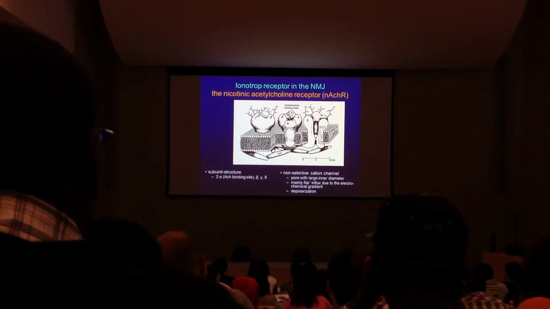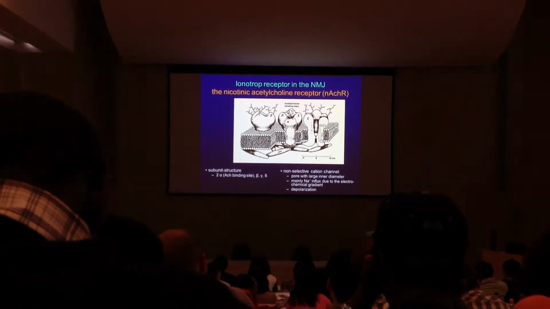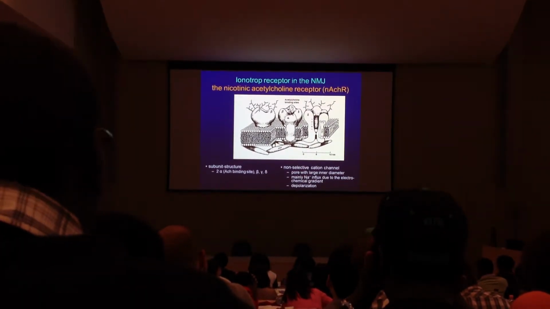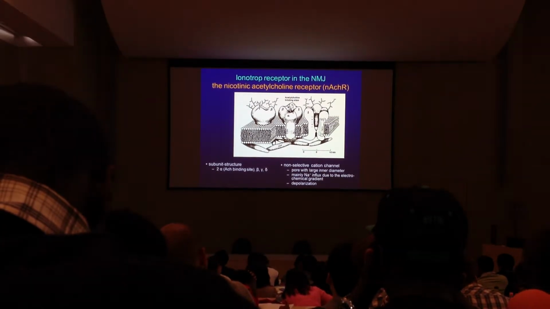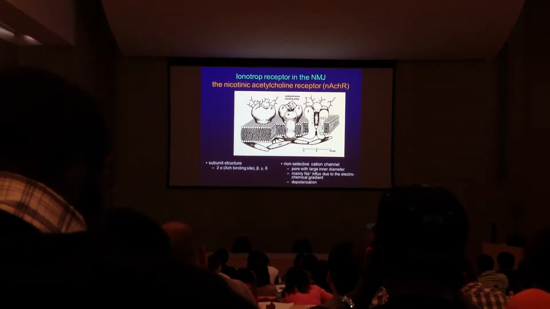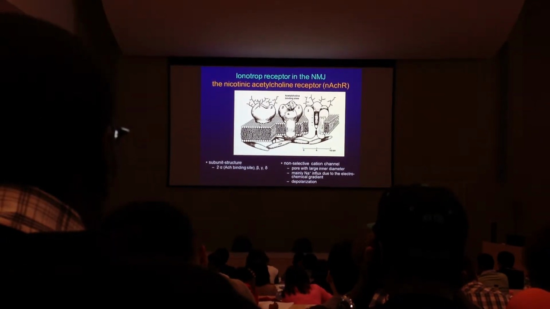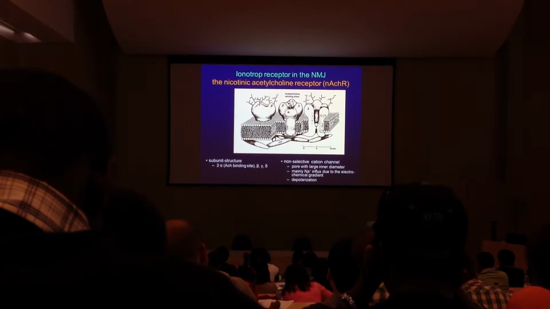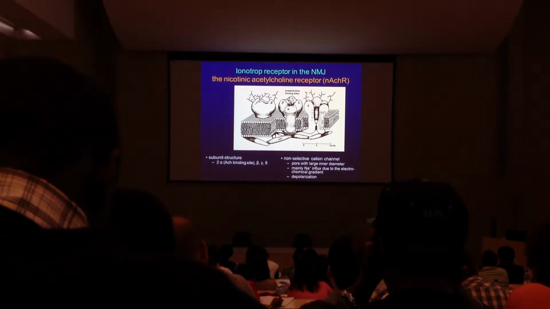This is a very large pore, and as you can see here, it is lined with different charged amino acids, with negative charges facing the outer and inner vestibule. Therefore, it is selective for cations.